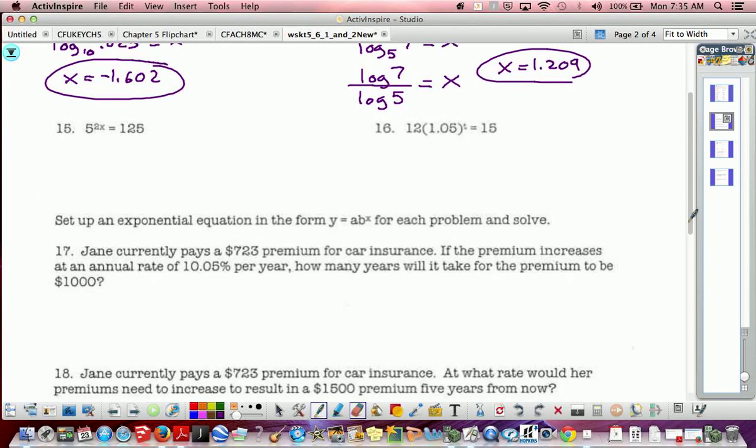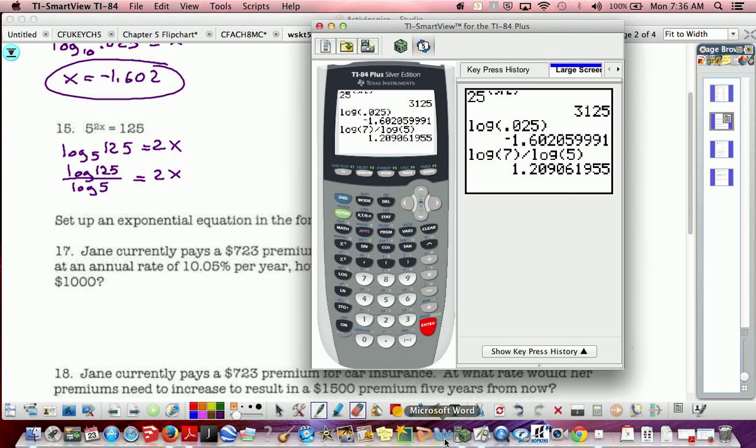So on the next one, same process. We're trying to get 2x by itself. So log base 5 of 125 equals 2x. So if I do a change of base here, log of 125 over log of 5, I plug that into my calculator, I believe I should get 3.